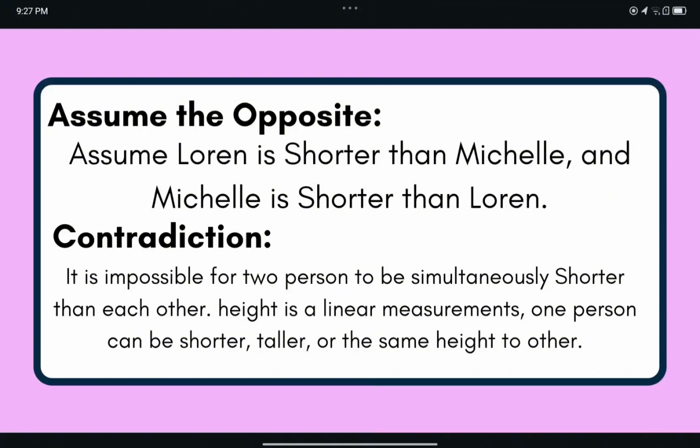So, the height must be linear, have a linear measurement. Pwedeng ang isang tao ay maging matangkad sa isa or pwede ring mas shorter o mas mababa.